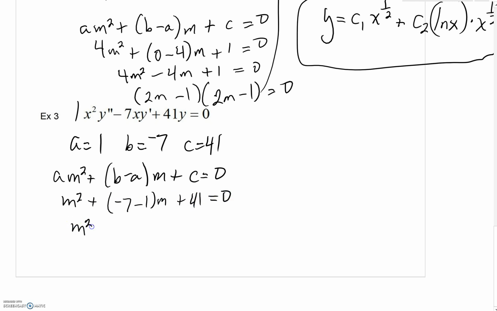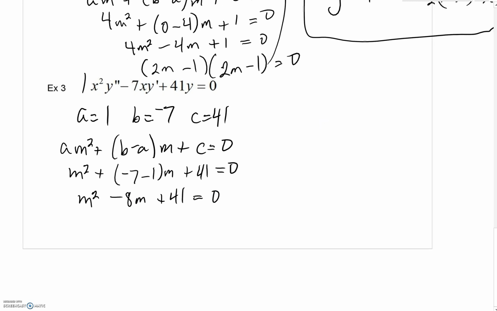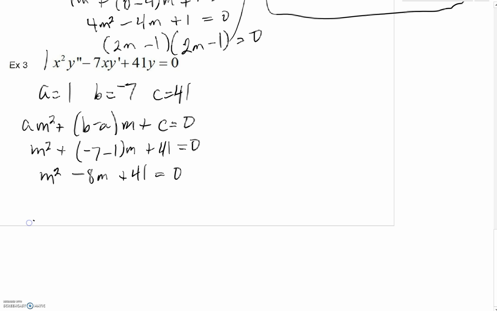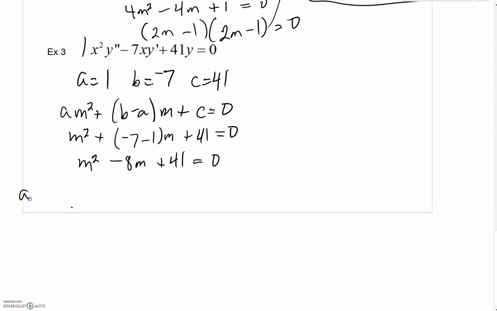And that's m squared minus 8m plus 41 equals 0. Now, with the 89, you could do a C-solve and get your solution. It would not take you very long to solve this by hand with your quadratic.